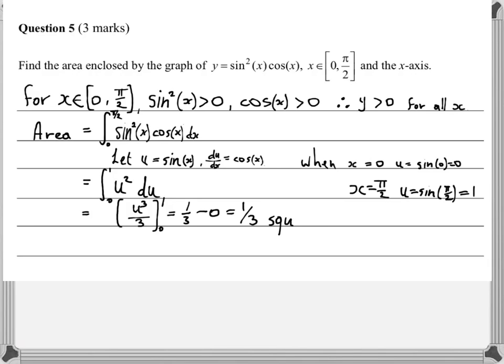Gives you a third square units. Okay? Now, because we're evaluating across our new limits, we don't need to do anything about resubstituting u is equal to sine x back in, because we have our u numbers. These are our limits in terms of u, and we can evaluate straight away. So there's the area. What do you think? Next question.